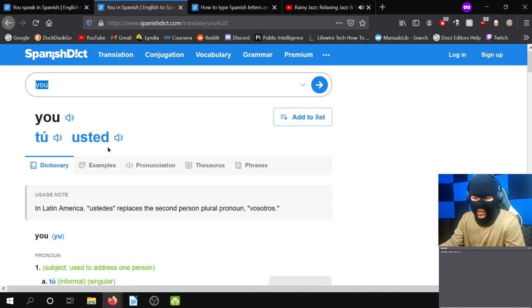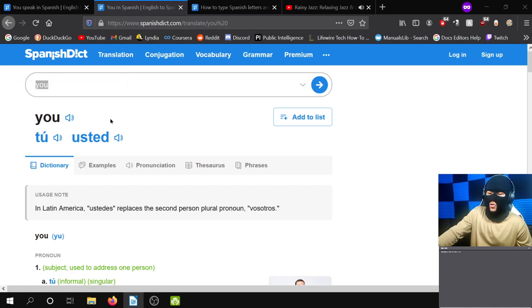Usted or tú. Now I'm gonna put it under usted, since the audio I'm looking at is more conversational. So I do believe, since this is the first one here, along with the EL and stuff, you will incorporate it while writing, especially formally, but not when it comes to speaking, especially informally speaking Spanish.